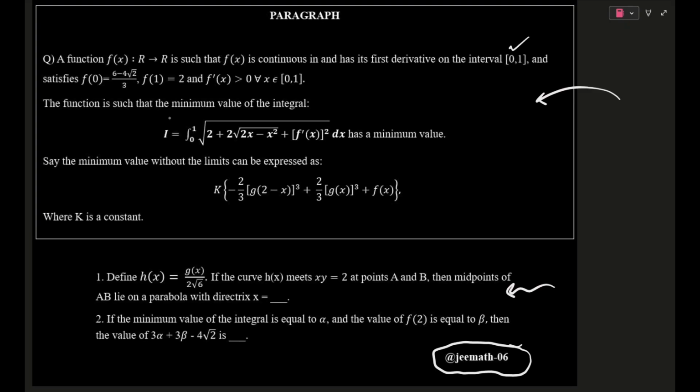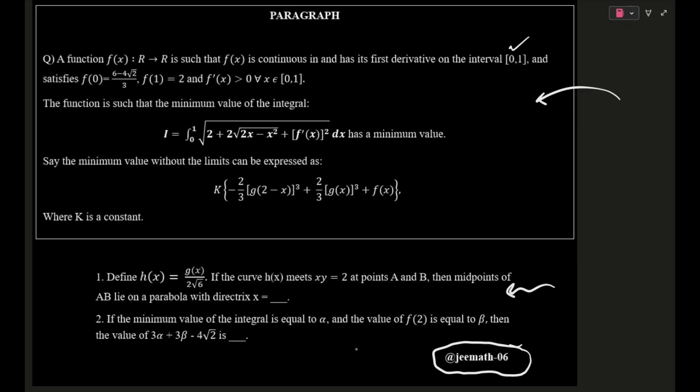The minimum value of this integral can be expressed as k times this, where k is a constant, and after that come these questions. The first thing is we have to find f of x and g of x, otherwise proceeding is a little bit hard.